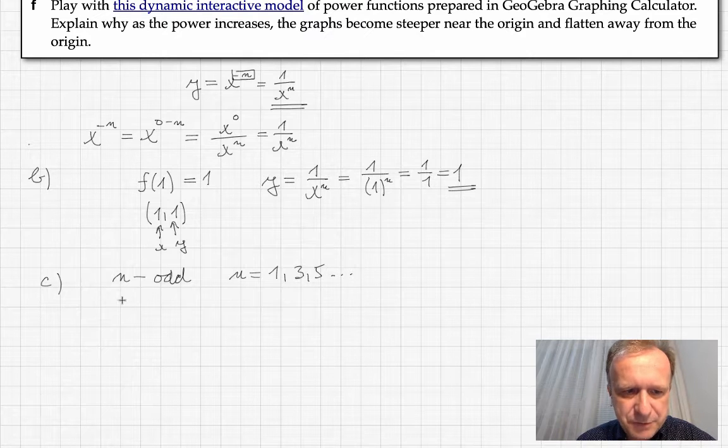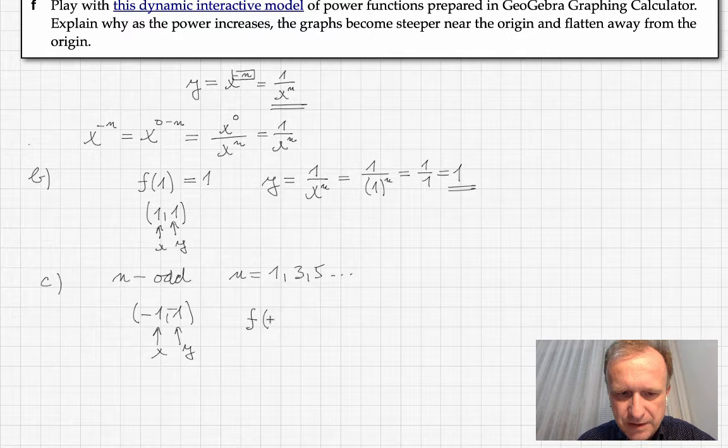Now we have to show that the point with coordinates -1 and -1 is the point through which the function's graph passes. Oh, okay, there should be -1 here. Okay, so to prove that, we have to show that since this is x and this is y, we have to show that the function value of the function in -1, so f of -1, equals -1.